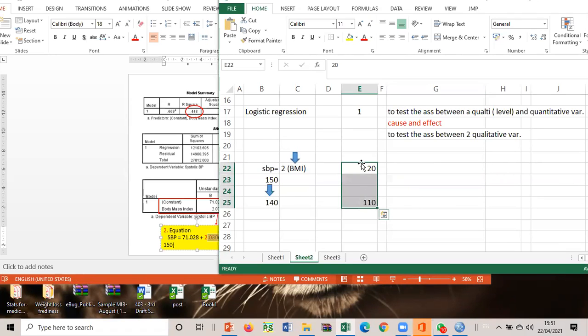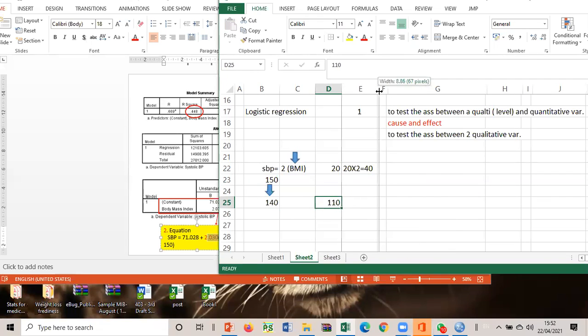Just now, Giriajan said, drop BMI by 20. 20 times 2 is 40, right? If we do this, his BP will go down from 150 to 110, right? Yes. So what's wrong here?